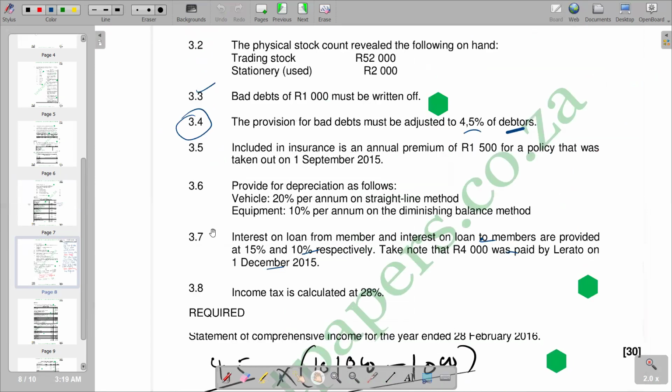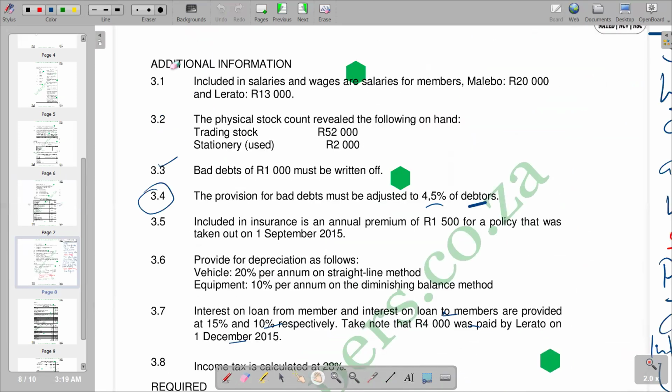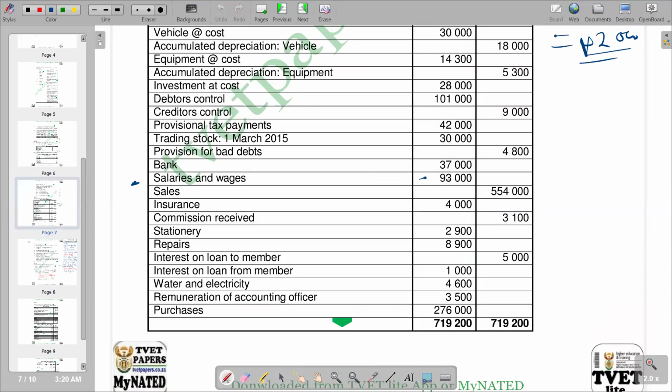We've got the first item, 3.1, included in salaries and wages: our salaries for members, which is Malebo 12,000 and Alerato 13,000. What does it mean? It means we have to disclose them separately. We subtract them from the figure that we are given for salaries and wages, which is 93,000, and disclose them separately again.